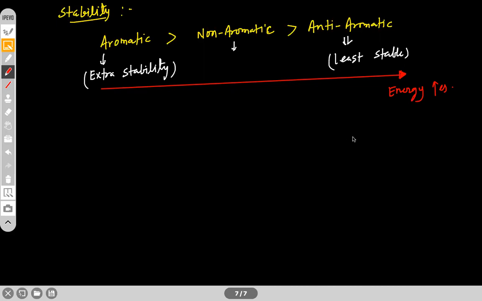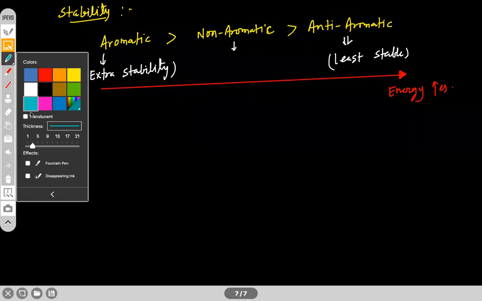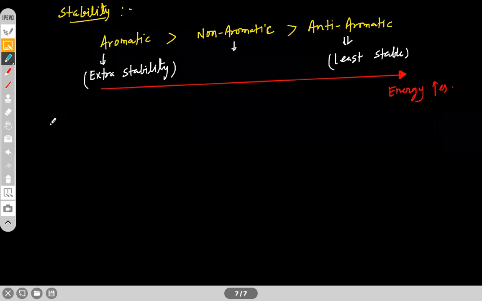Okay. Let us discuss some examples on this. You have to write down which one is aromatic, anti-aromatic, and non-aromatic.